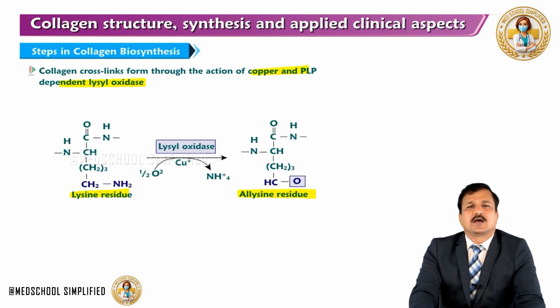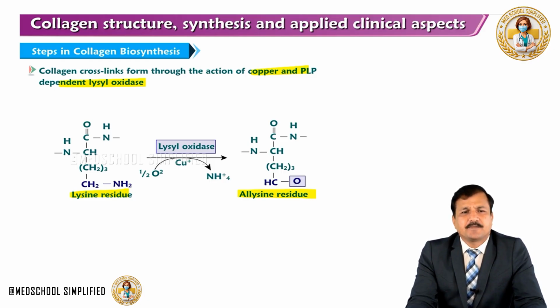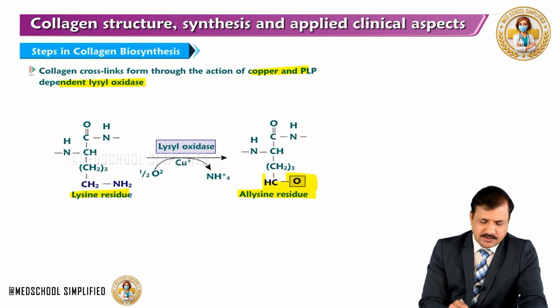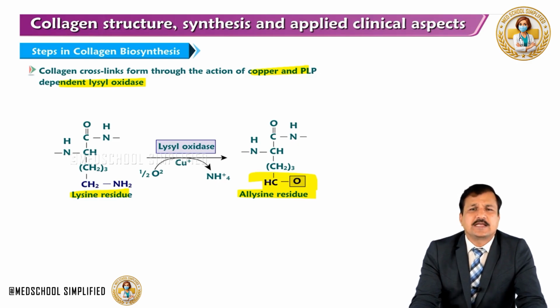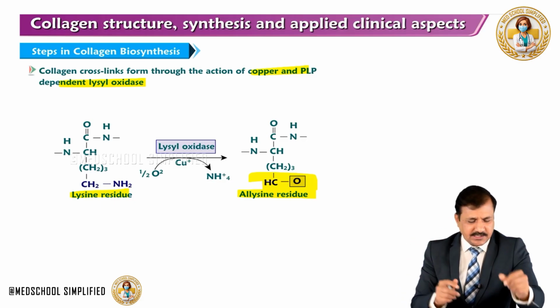Basically the amino nitrogen present in the side chain of lysine is removed and released as ammonium ion, and an aldehyde group is introduced in that position. That's why it is referred to as an allysine residue. So the lysine is converted into allysine by lysyl oxidase, within the polypeptide chain.